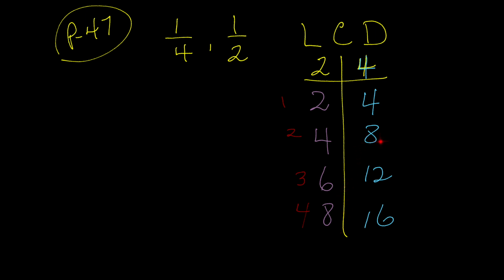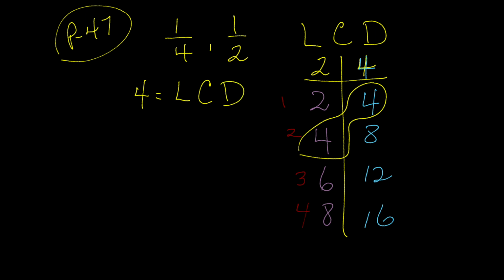There are often a number of common multiples between numbers, but we want the lowest one. So in this case, it will be the number 4. So 4 is the winner. 4 is the lowest or least, I always say lowest, but it's the least common denominator. We can also say the least common multiple.